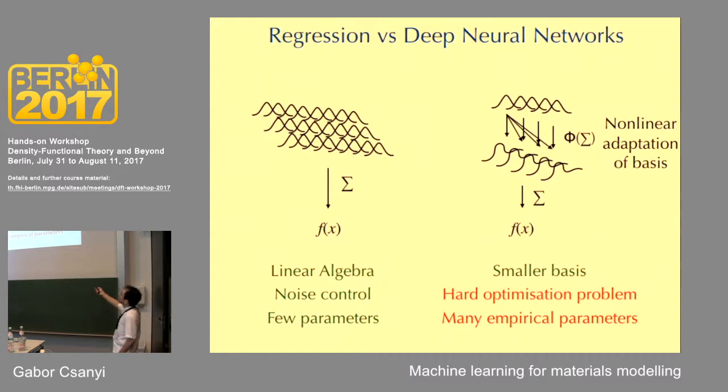Deep neural networks basically start with some representations, start with some simple functions, but then add them up in a nonlinear way to come up with new basis functions, which are then at the second or third layer of an artificial neural network combined again, summed up through a nonlinear function, and finally you add them up to get your function that you want. So you can think of deep neural networks as a way of adapting basis functions with which you then sum them to make the function.